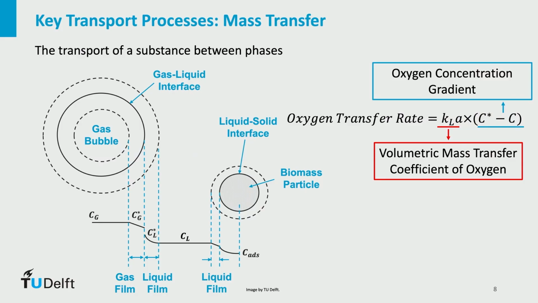The oxygen concentration drops at each step: gas bubble, liquid, biofilm particle, due to transfer and consumption. The trick to optimizing a process is identifying the rate limiting step. Is it the gas-liquid transfer, the mixing in the reactor, or the diffusion into the biomass, or even the conversion inside the floc? Pinpointing the limiting step tells us where to focus for improvements, like increasing aeration or reducing particle size.